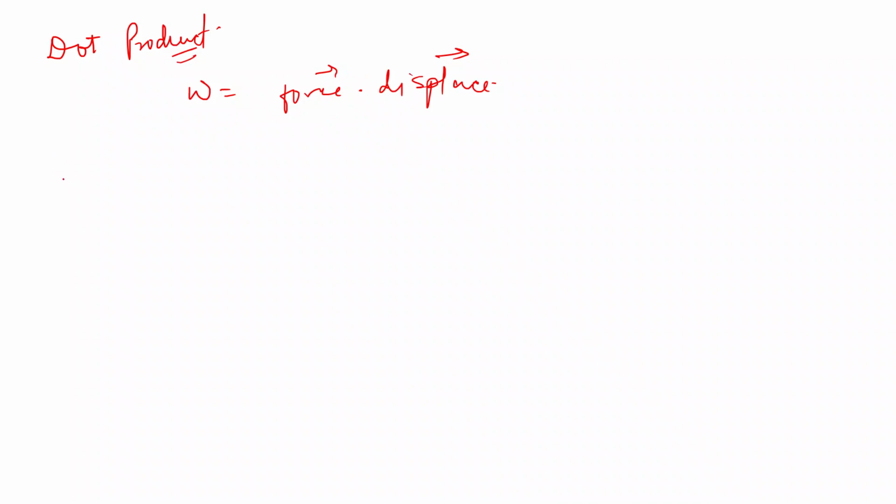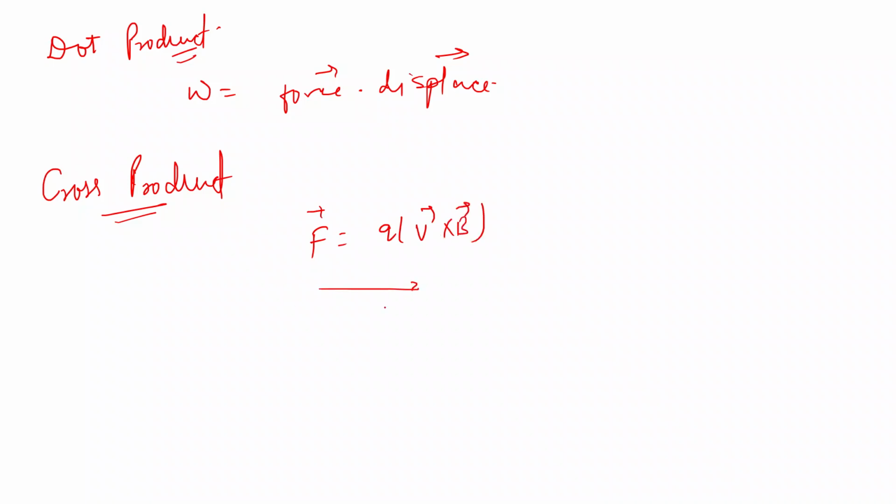And another thing is the cross product. What is a cross product? I think you know about the Lorentz force, q v cross B. This is the magnetic field B vector. Okay, and a charged particle has a velocity v vector in this direction.